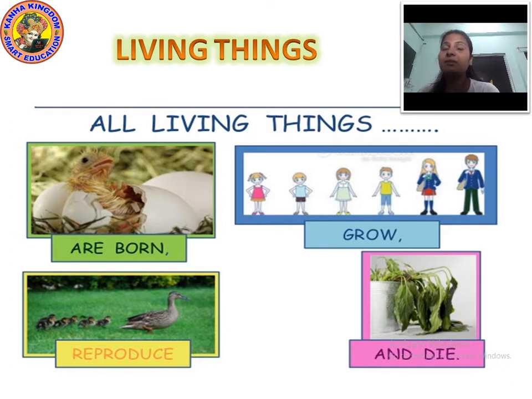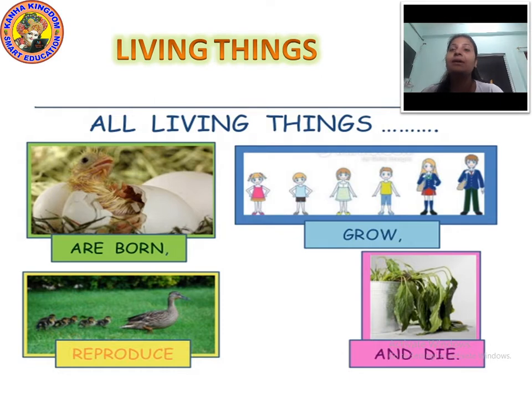Like see in this picture, the chicks are coming out from the egg. Okay, so the hen is also a living thing. Reproduce. See that duck. So many chicks are there with the duck. How? Because the duck is also a living thing.